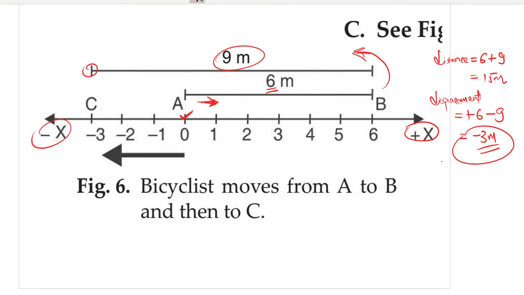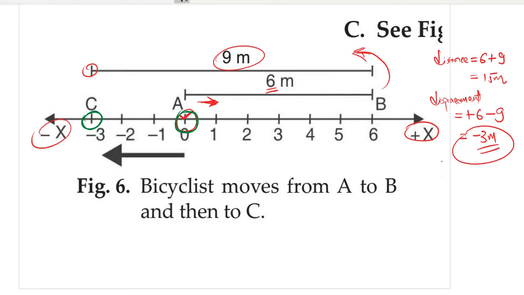If you want to check this, there is another method of checking this. What is the initial position of the body? This one. This is the initial position. What is the final position? This one, right? Because body goes from A to B to C. So A is the initial position, C is the final position. Where is the final position with respect to the original position?